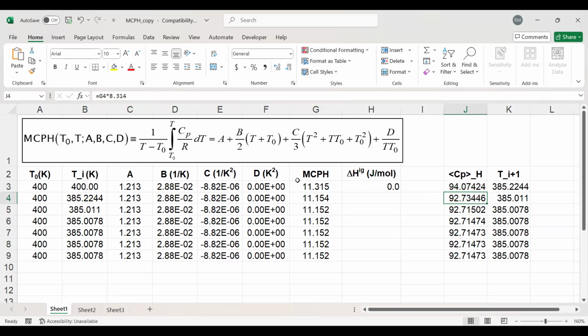CP is just this value, MCPH, multiplied by 8.314. And then you drag the formula, and you stop when the temperature becomes constant.